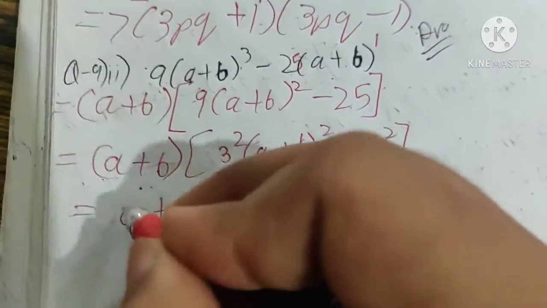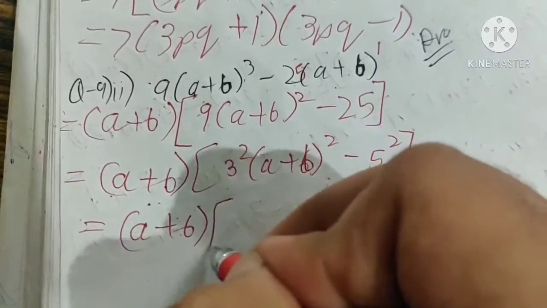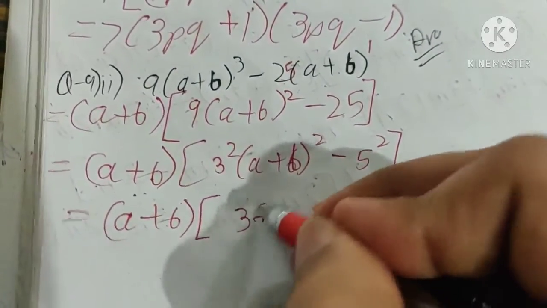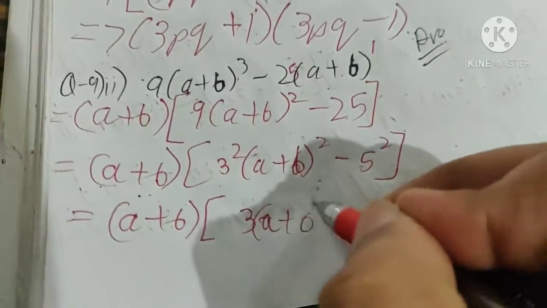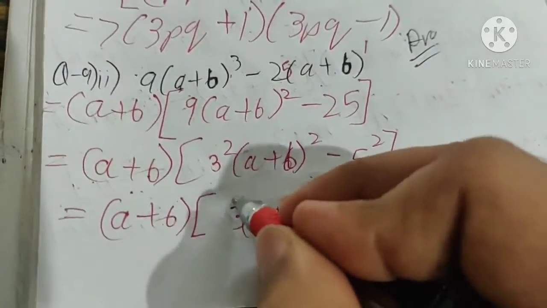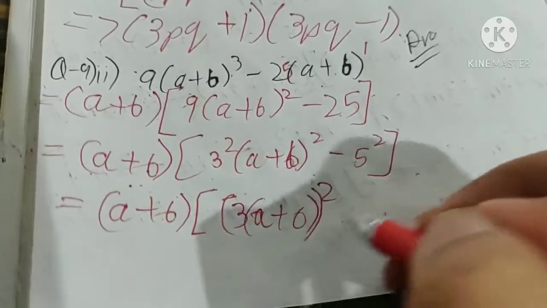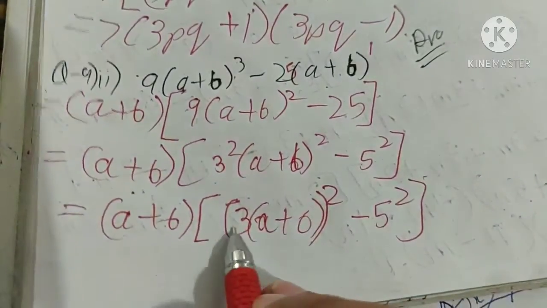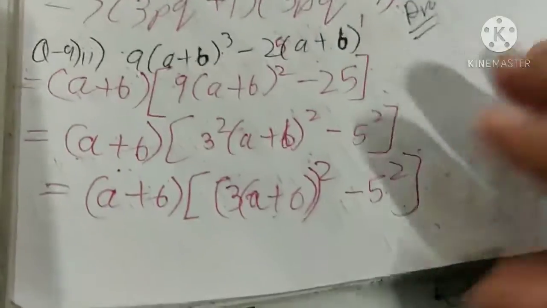Then (a+b), here it is written as [3(a+b)] to the whole power 2 minus 5 to the power 2. So it is written like first term square minus second term square in this bracket.